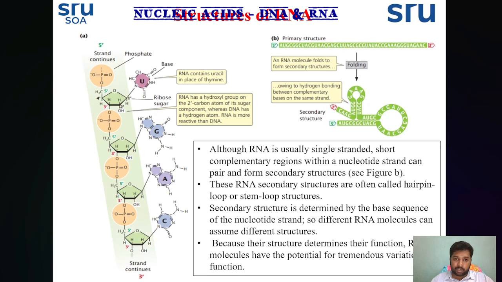Well, we know about RNA as a single stranded molecule. In this single strand molecule, the 5' to 3' strand is there with phosphodiester bonds, a polynucleotide strand having nitrogenous bases. Uracil is also present here. RNA contains uracil in place of thymine, and RNA has a hydroxyl group on the second carbon atom of its sugar component, whereas DNA has a hydrogen atom.